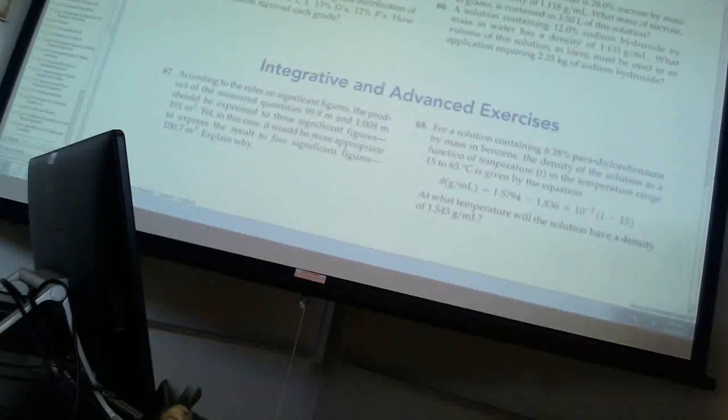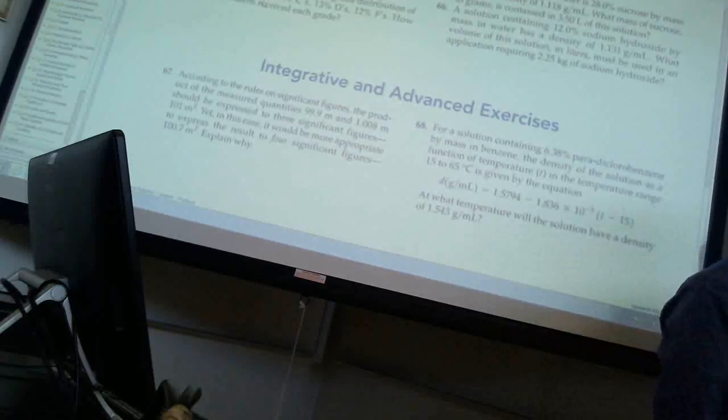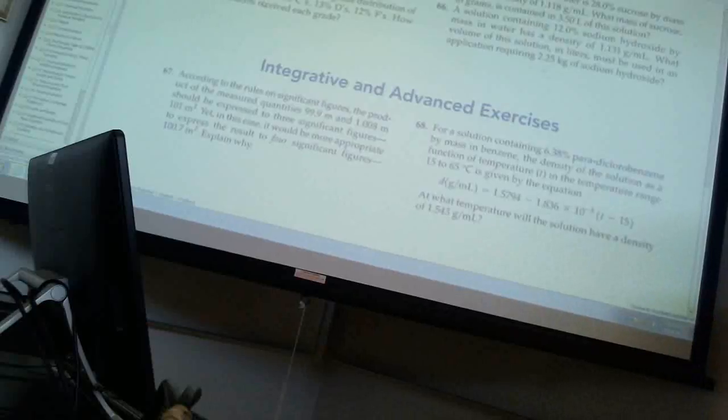Which one has a greater degree of uncertainty, the first one or the second one? The first one. There's a lot more uncertainty here. And so when we multiply these two, this one's a much more precise number, so we can't have too much precision in the result because there's some uncertainty in the first one. Let's go ahead and multiply these and see what we end up with.